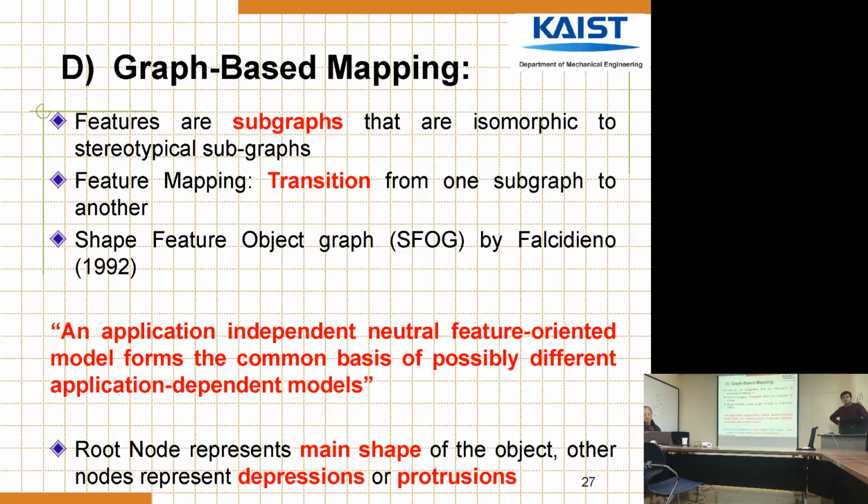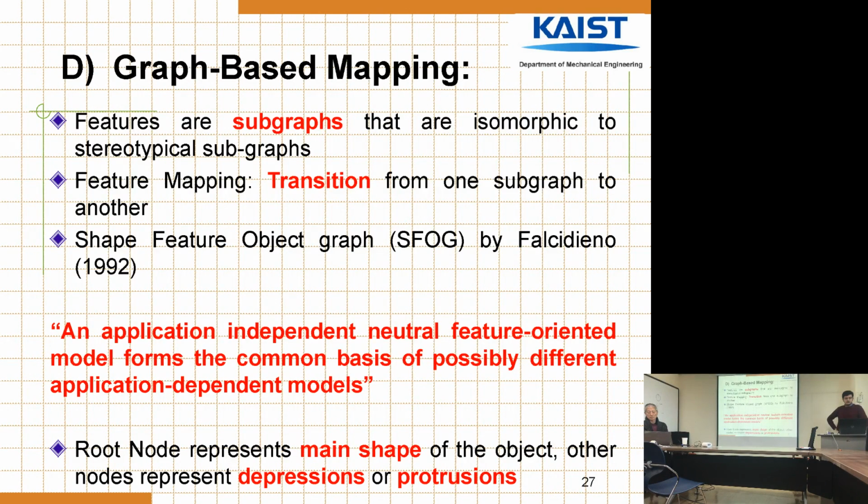Last is the graph-based mapping method. As we know from the feature recognition chapter, one feature can be shown as its equivalent face adjacency graph, in which the feature is decomposed into faces, and every node indicates the faces, and the connection between the faces is the edges that are adjacent to them.